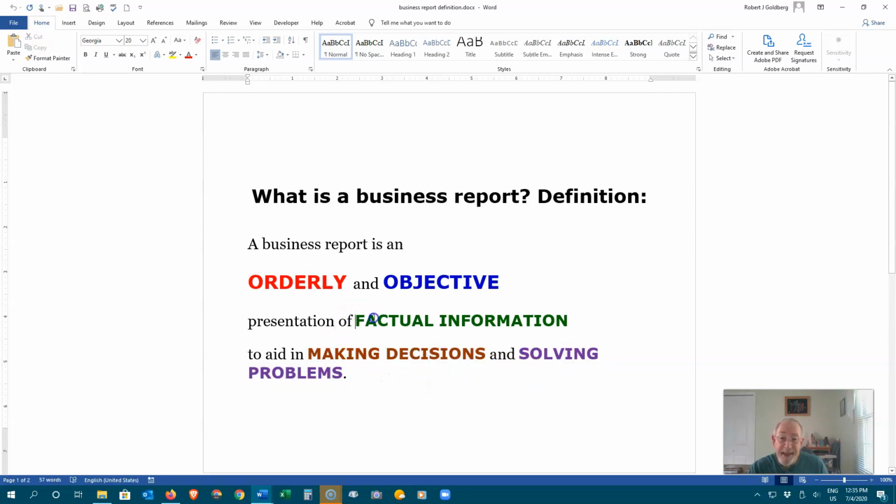Next, let's discuss factual information. Facts are facts, right? Some facts are common knowledge. 1 + 1 = 2. George Washington was the first president of the United States of America. Or was he?